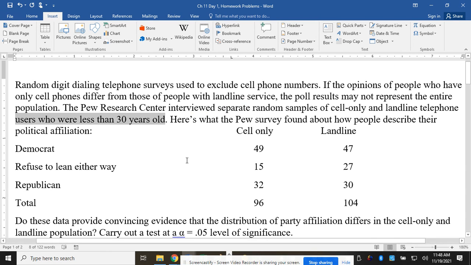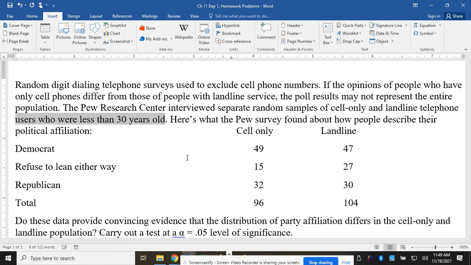And then our null hypothesis on the back would be what? I'm reading from this piece of paper. Null hypothesis: there is no difference in the distribution of, so what are my separate samples? Cell only users and landline users, right?